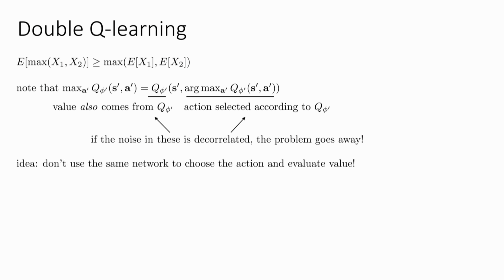So here's the idea. What if we don't use the same network to choose the action as the one that we actually use to calculate the value? What if we have one network that we use for the argmax and a different network that we use to evaluate the actual value for that argmax? That's like saying that I have two noisy signals, the original one I drew here, and then another one that has different noise.